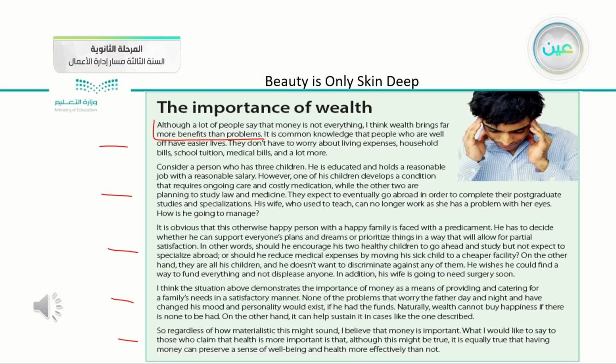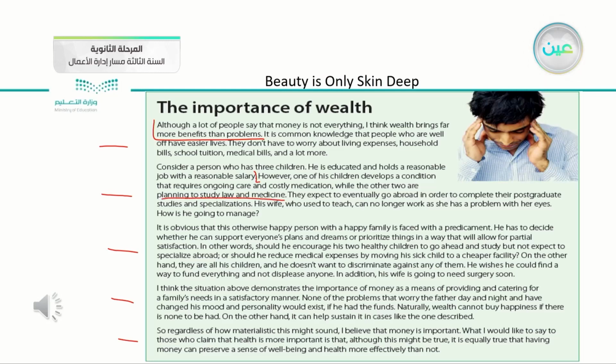How about the second paragraph? Consider a person who has 3 children. He is educated and holds a reasonable job with a reasonable salary. However, one of his children develops a condition that requires ongoing care and costly medication, while the other 2 are planning to study law and medicine. This is the second thesis statement.